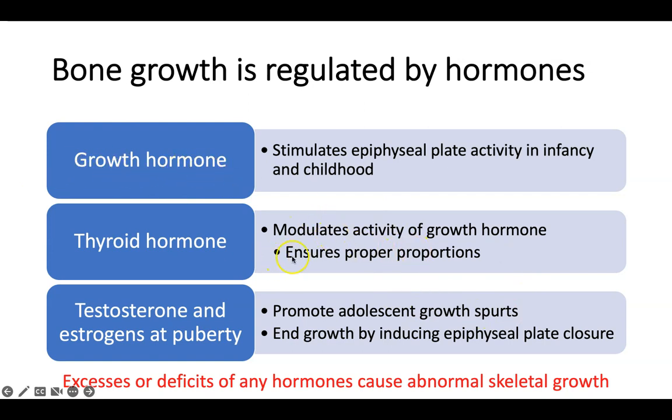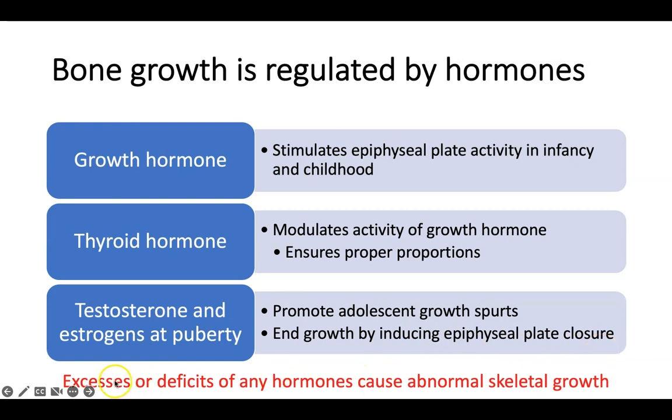So this is going to ensure proper proportions. Thyroid hormone is going to make sure that growth hormone is active enough in all locations. And then finally, we have testosterone and estrogens, and they're going to promote adolescent growth spurts. And they're also going to lead to the end of growth, this longitudinal growth, by inducing epiphyseal plate closure.